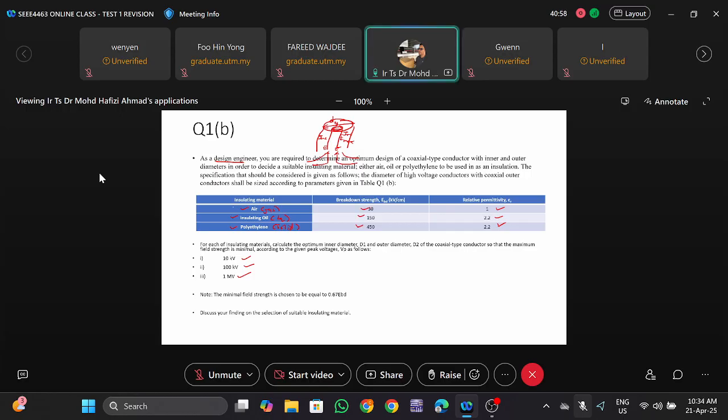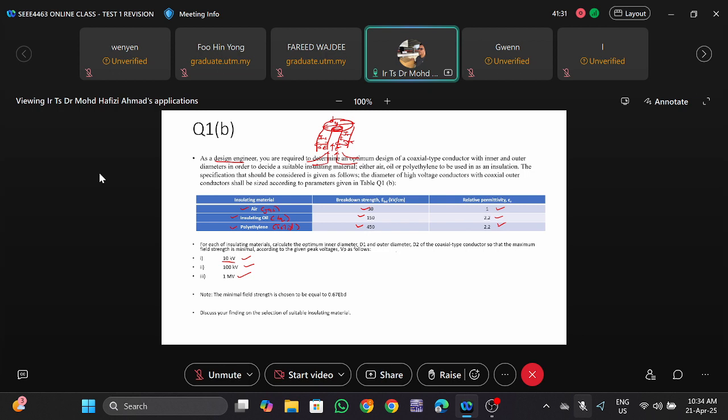If you consider air as your insulation, so you fill this gap with air, then you need to know the distance between the inner and outer electrodes, so that you can apply 10 kV at the inner electrode and no breakdown happens.